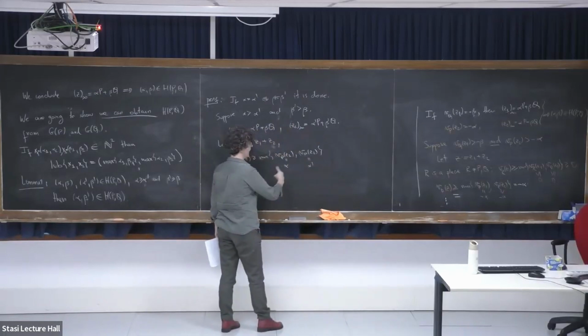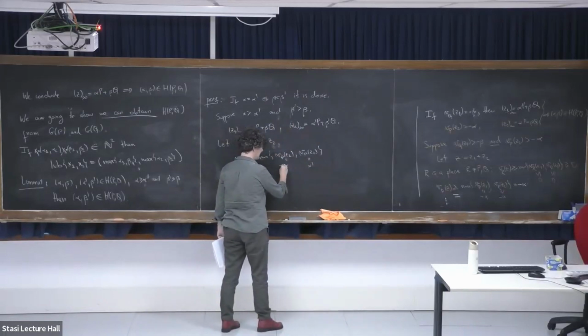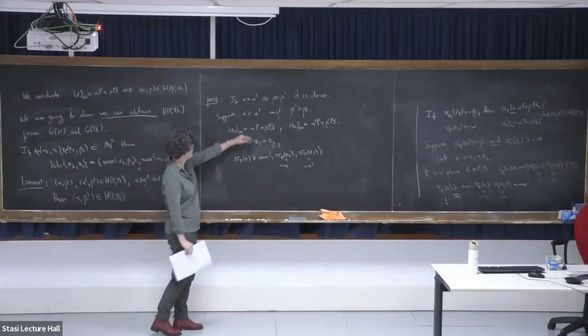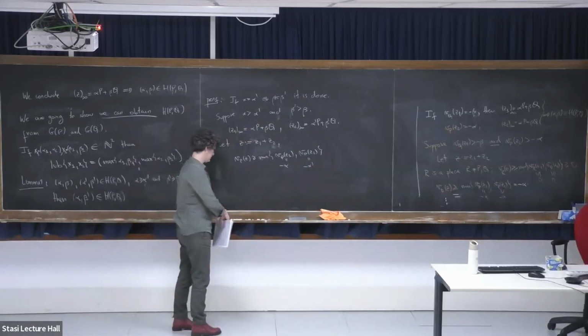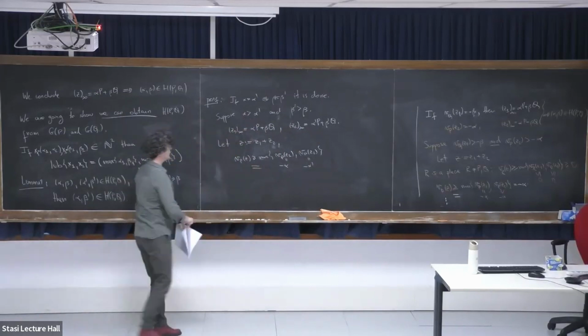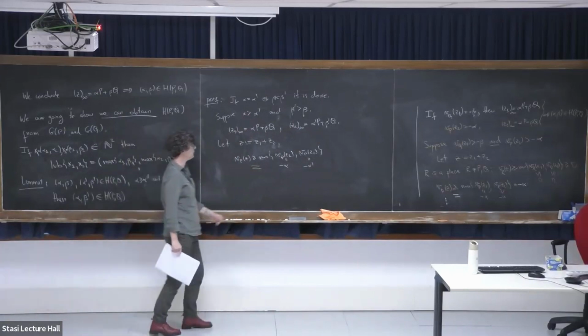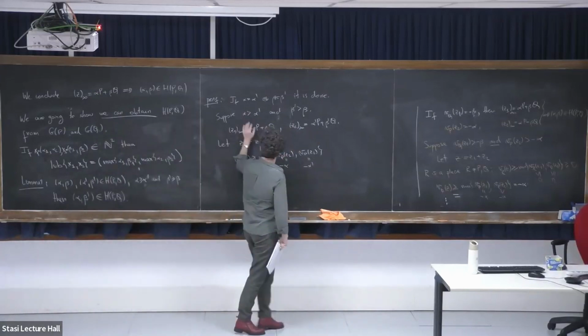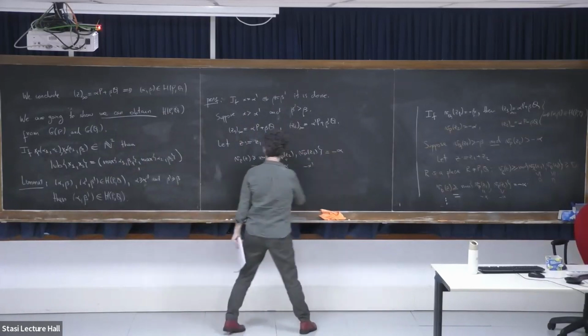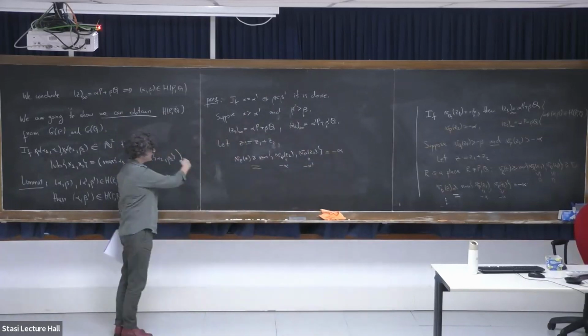Okay, it's minus because it's a pole. And since they are different, this is an equality, and you just take the minimum. So the minimum is minus alpha. And in the same way for Q.